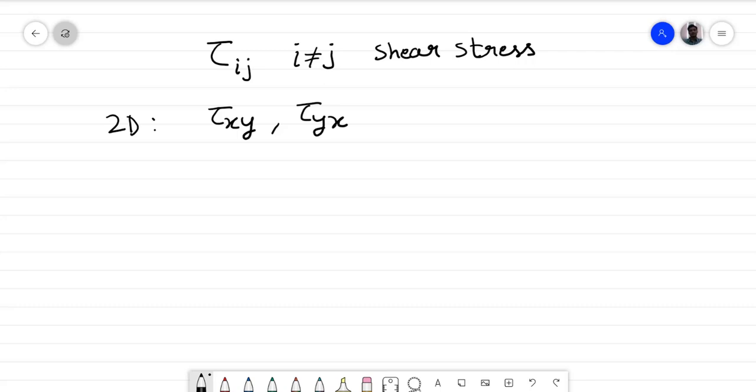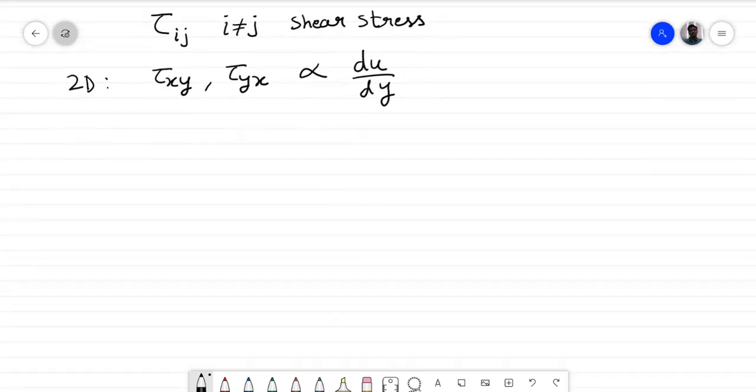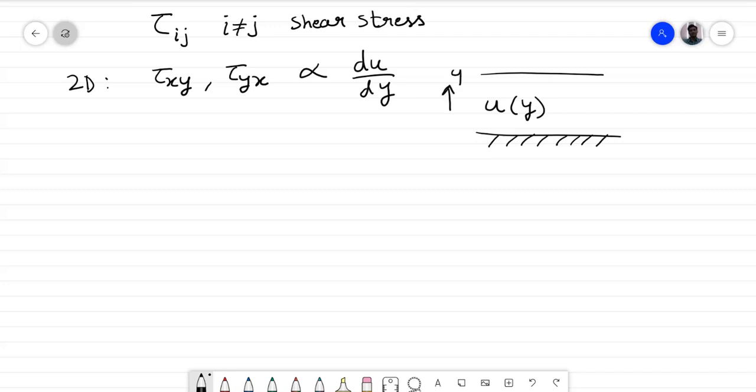We said that this is proportional to du by dy in 2 dimensions, where we are talking about a geometry which looks something like this. Velocity is a function of y, where y is the vertical direction and x is the horizontal direction.